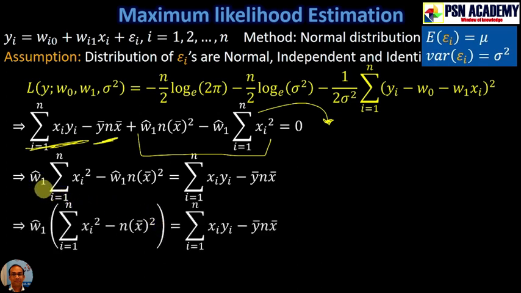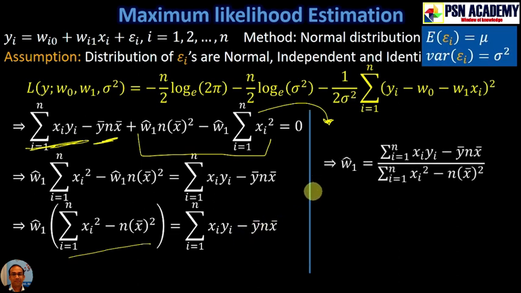Now we take w1 hat as a common factor, so inside this system goes, right hand side will remain same, and now we get this w1 hat equal to this part as the numerator and this part as the denominator.